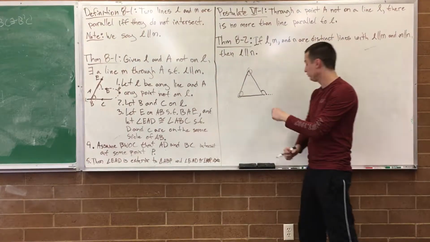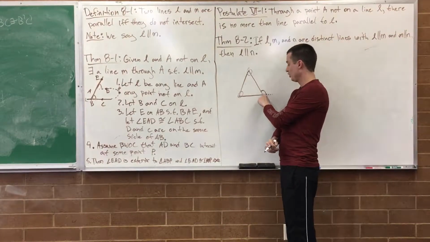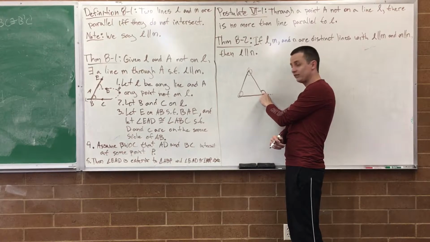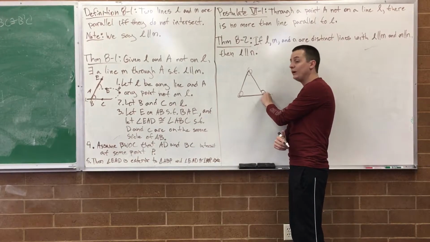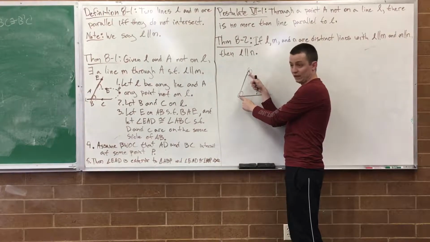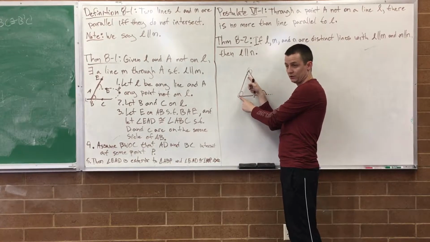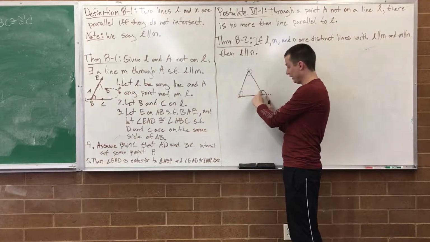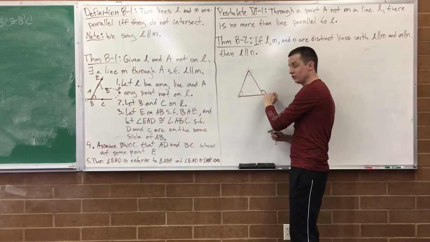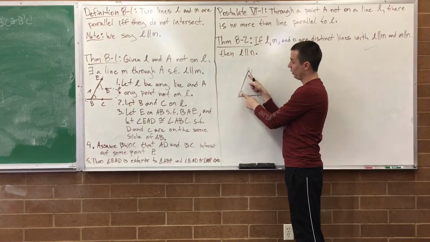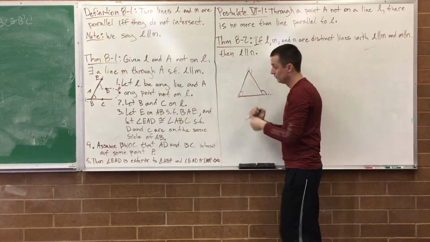So what we proved is that for any given exterior angle, it's always greater than its opposite interior angles. That was one of the theorems we proved last time. So the angle outside the triangle always has to be bigger than the 2 opposite angles inside the triangle.